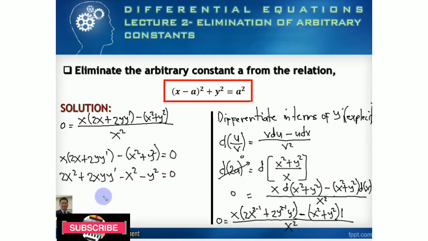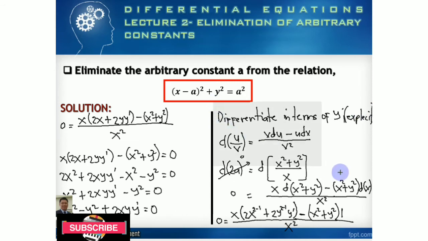So this would become 2x squared minus x squared, which is just x squared, plus 2xy y prime, minus y squared is equal to 0. So we have then x squared minus y squared plus 2xy y prime is equal now to 0.